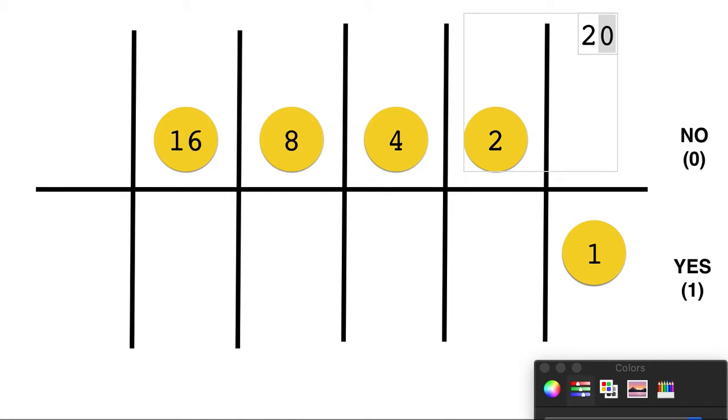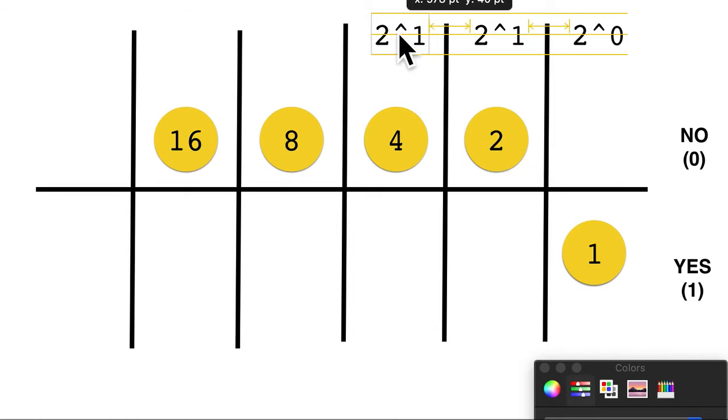Anyway, this is 2 to the 0, which is 1. 2 to the 1 is 2. 2 to the 2 is 4.